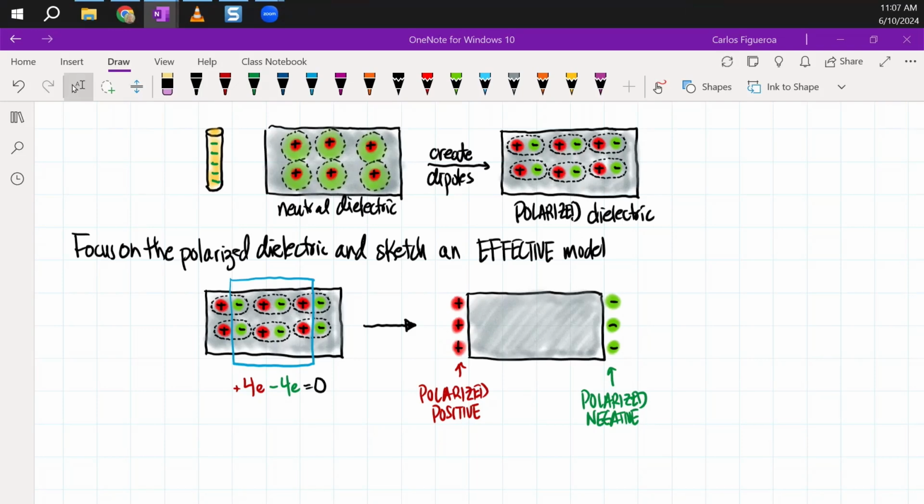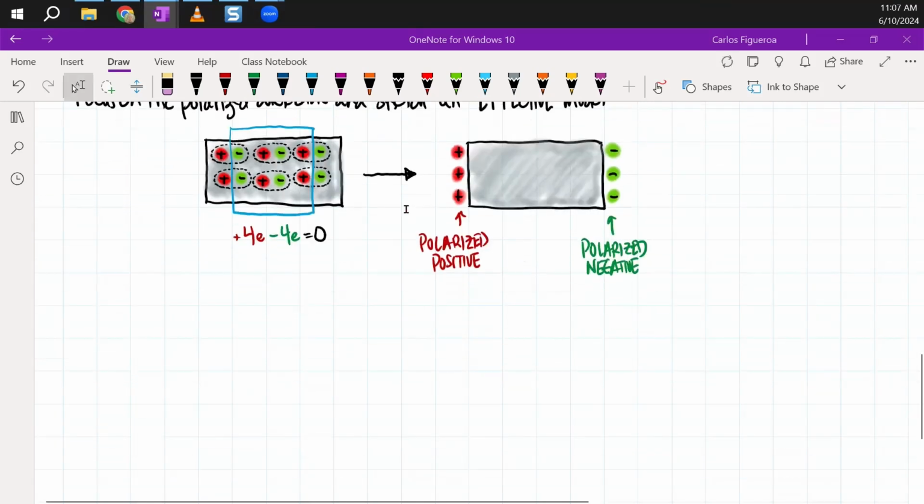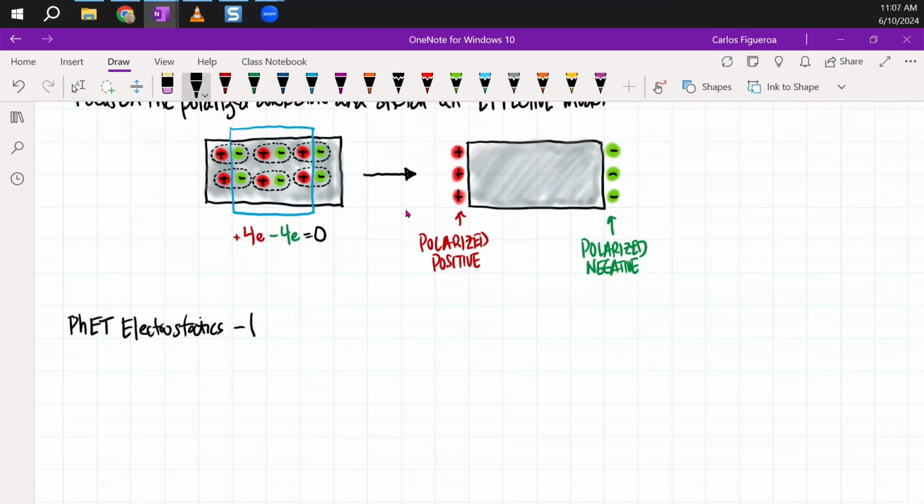So what I'm going to do is that I'm going to look at the PhET electrostatics app, and I'm going to look at the balloon and wall. So let's go look at that thing, and let me share my screen with you.